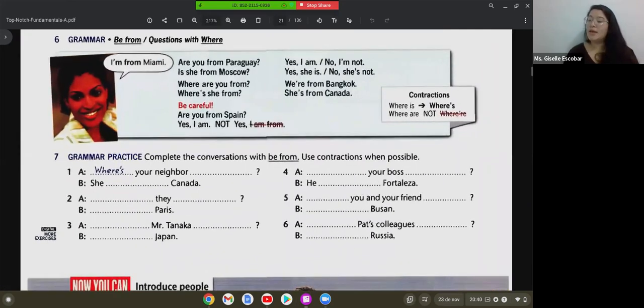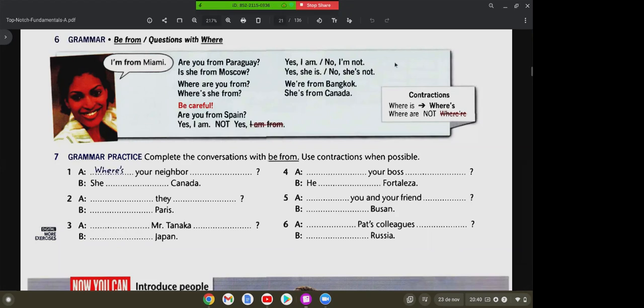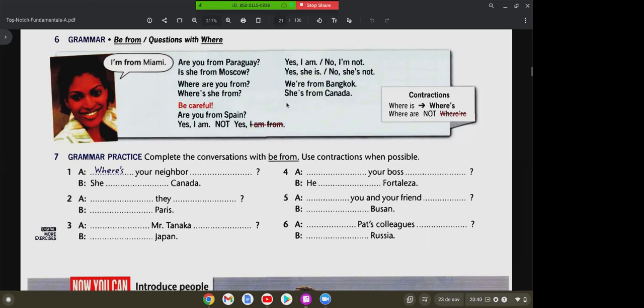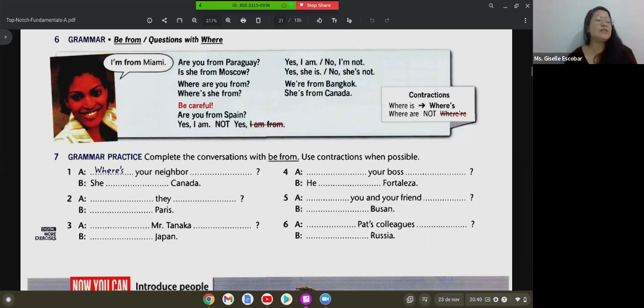Let's see. Is Sara from Argentina? No, she's from El Salvador. Oh, hay dos opciones de respuesta, right? No, she's from El Salvador, or no, she is not. She's not. Perfect.